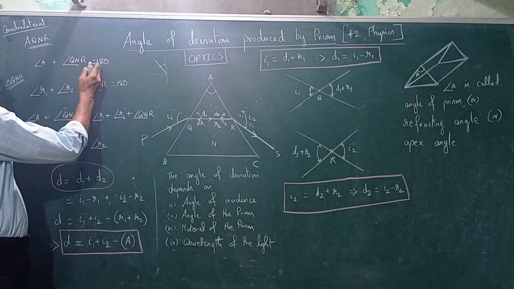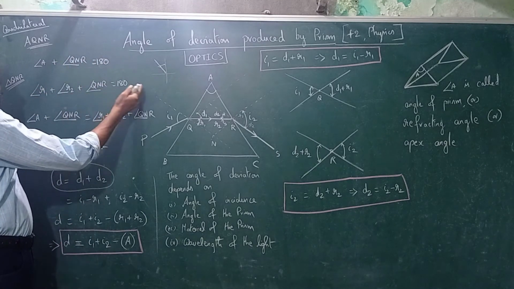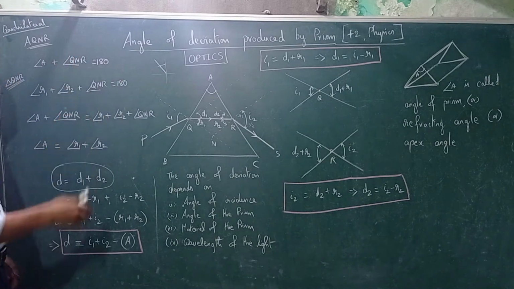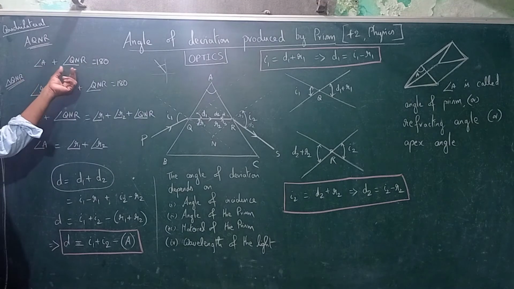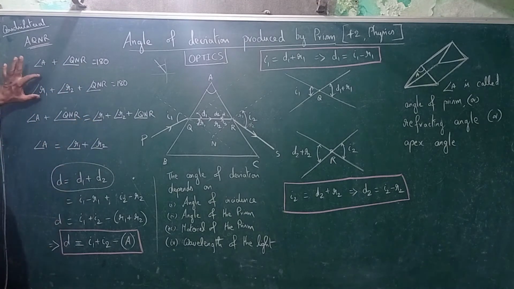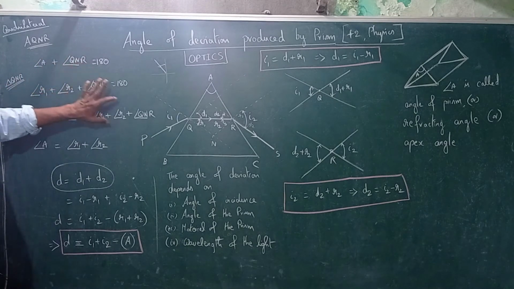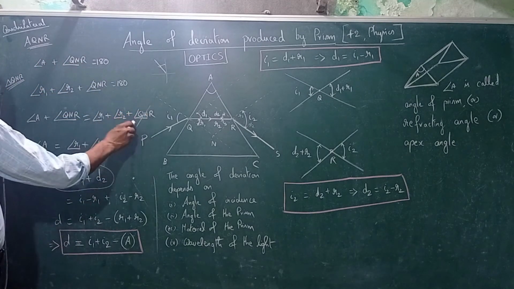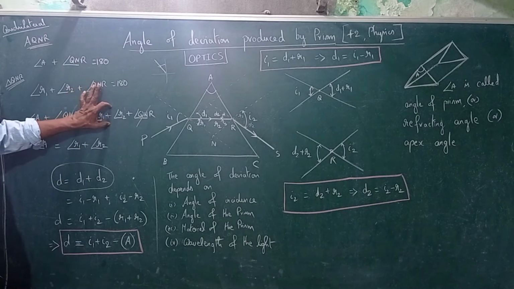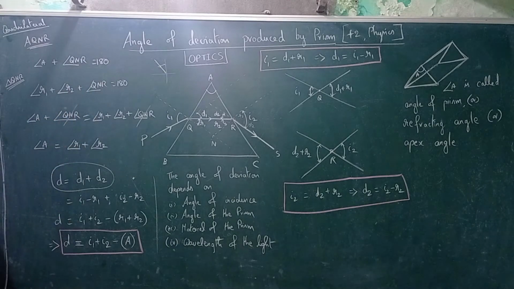The right hand side of this equation is 180, the right hand side of this equation is 180. That means the left hand side should be equal. That means angle A plus QNR should be equal to angle R1 plus angle R2 plus QNR. Now QNR gets cancelled. That means angle A is equal to angle R1 plus angle R2.